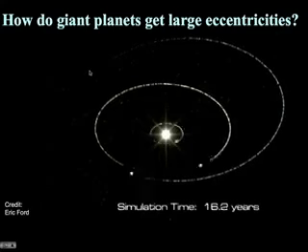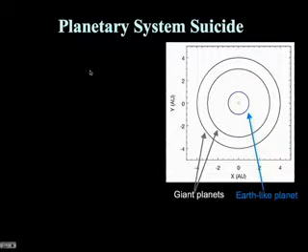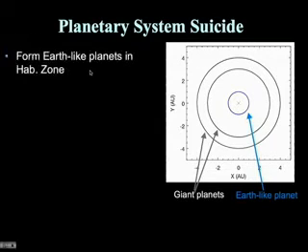So in the context of that, one thing that can happen, this is not the case all the time, but one interesting thing that can happen is this thing called planetary system suicide. So imagine a system where, actually not too different from our solar system, you have Jupiter and Saturn there in black. These black lines are giant planets, and you have a nice Earth-like planet that formed. But imagine that Jupiter and Saturn's orbits were a little bit closer in, such that they're actually unstable on a long time scale, much longer than the formation time of the Earth-like planet.